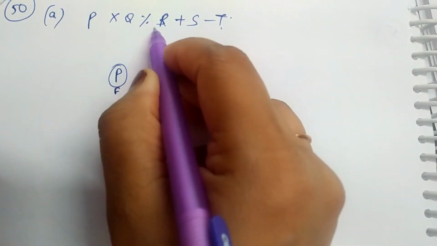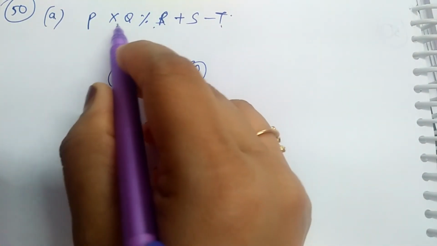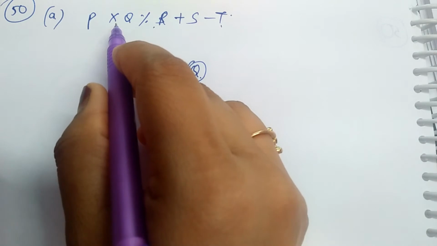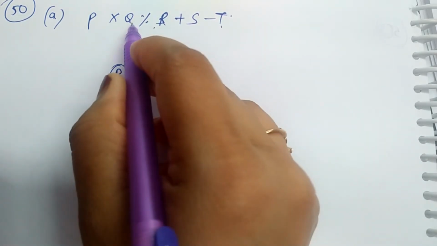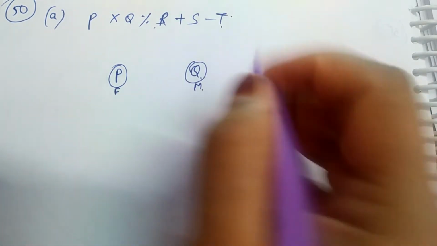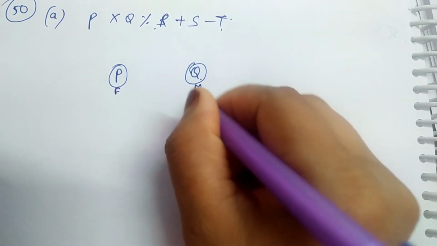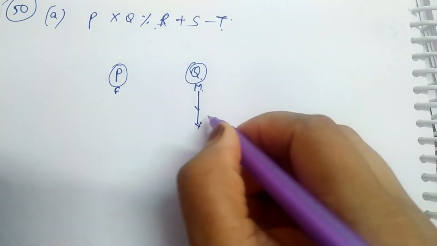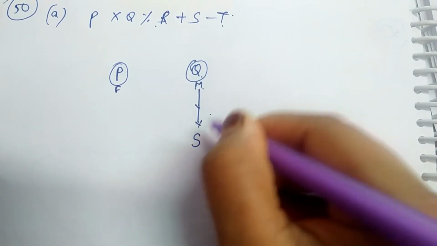Next, Q percentage R. It is written A percentage B means A is the father of B. So Q percentage R means Q is the father of R. He is a male, so he can be a father.